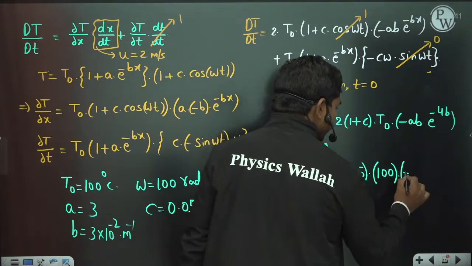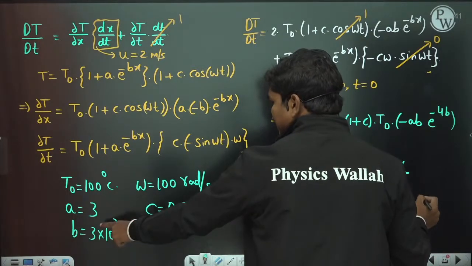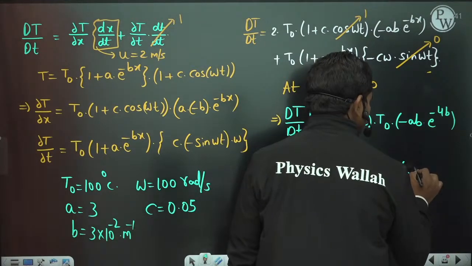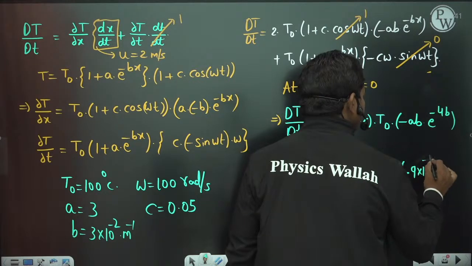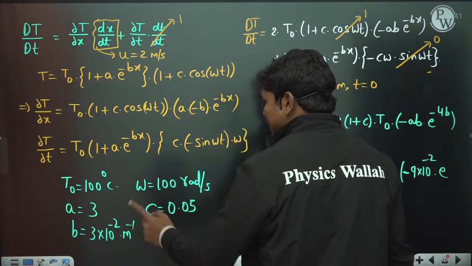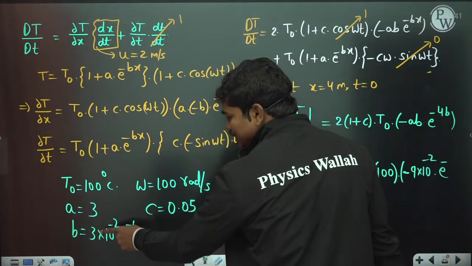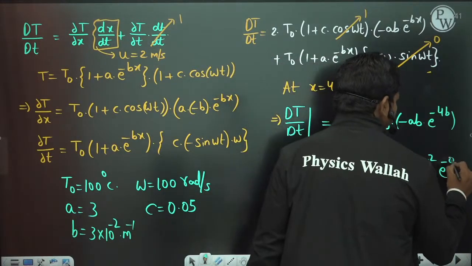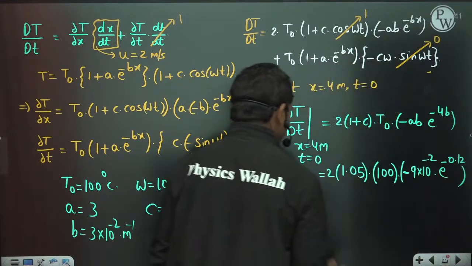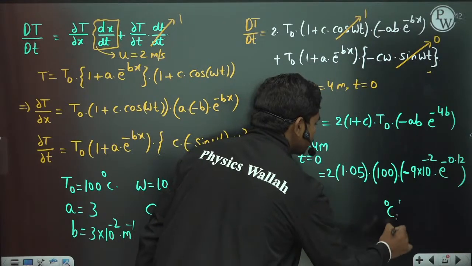So what is a into b? A is 3 into b, so 9 into 10 power minus 2, into e to the power minus 4 times b. 4 times b is 12 into 10 power minus 2, so minus 0.12. So this is the total value in degrees Celsius per second.